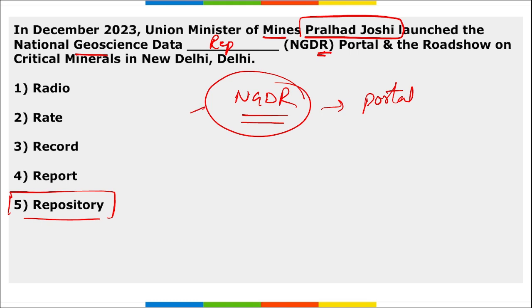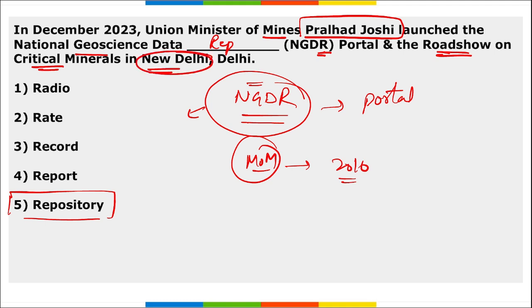That is the reason I always ask you to remember the full forms also, because they can be asked in your exam. Correct? This is a flagship initiative of the Ministry of Mines that was launched in 2016. Correct? And apart from this, a roadshow on critical minerals was also launched in New Delhi.